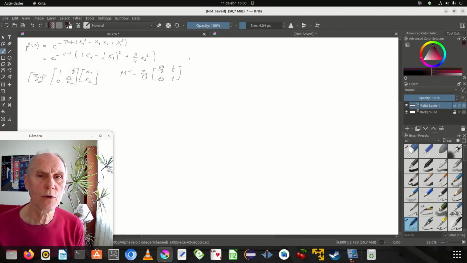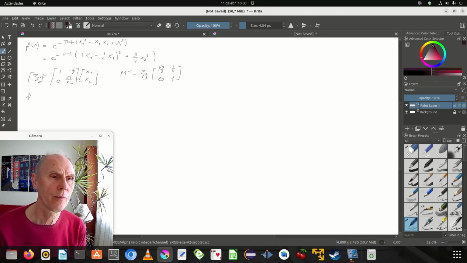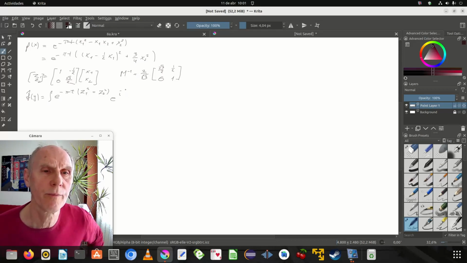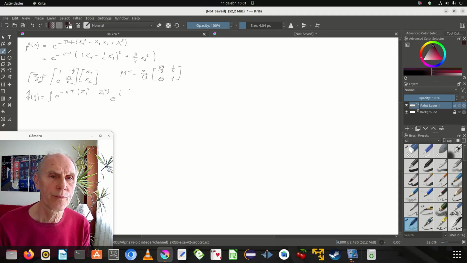And that means the Fourier transform. And this is x dot y, the normal dot product. And x we write as this, M to minus first z dot y.